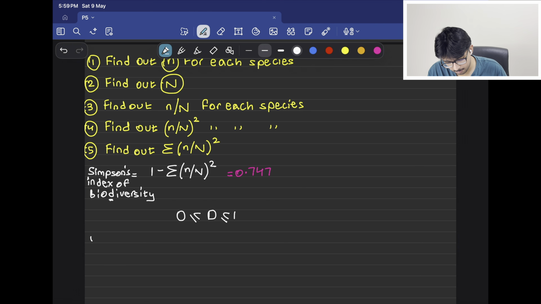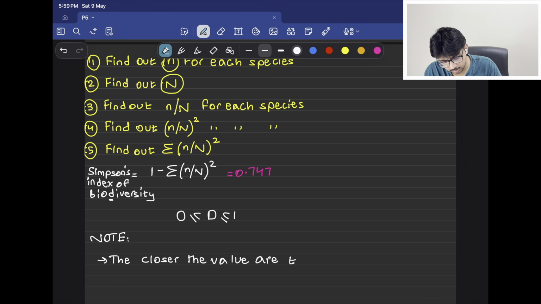Now, here's the important part, and I'm writing this in the form of a note. The closer the value which you get after doing all of these 6 steps is to 1, the higher the species diversity.